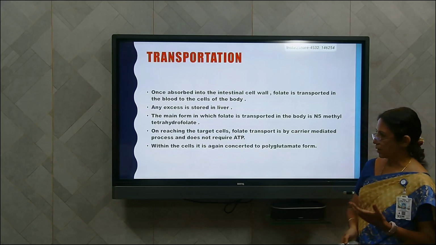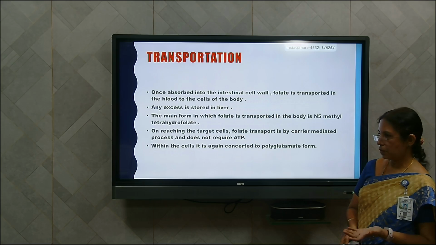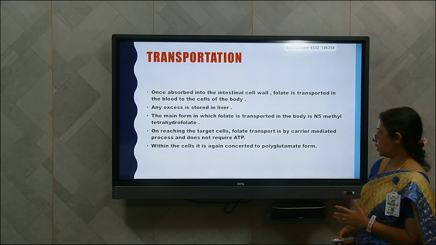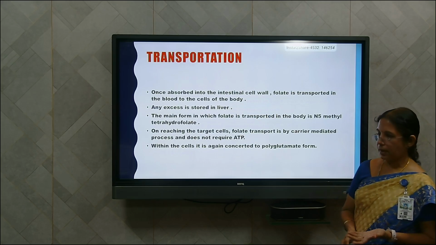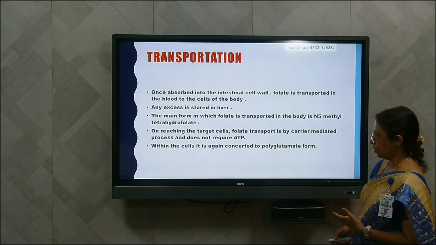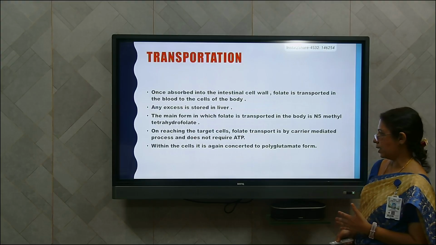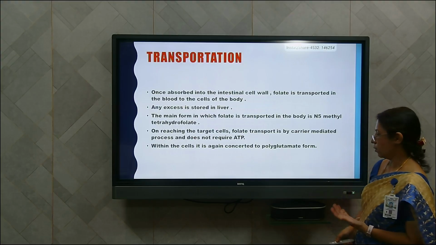On reaching the target cells, the folate is transported into the cell with the help of a carrier. It is a carrier mediated transport, and it does not require any ATP for its transport. After entering into the target cell, it is again converted to the polyglutamate form.